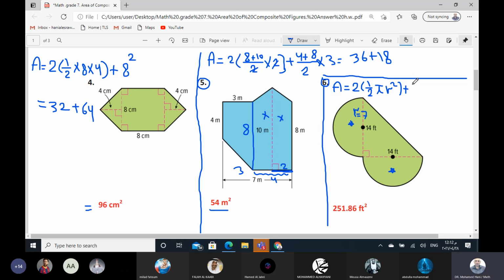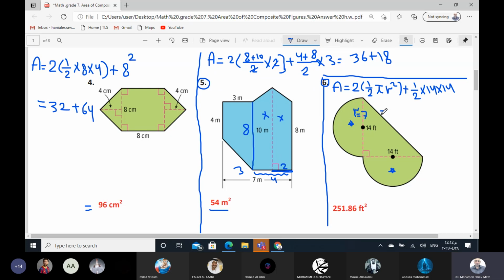The area of the triangle will be 1 over 2 multiplied by the base. What is the base here? 14. Times the height. This is the height. Also will be 14.